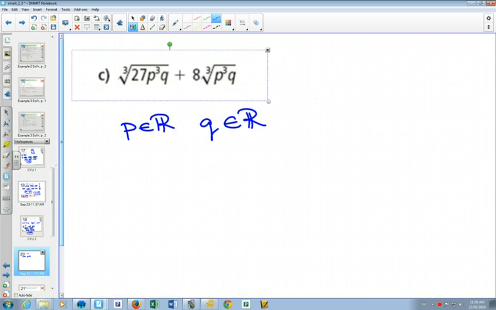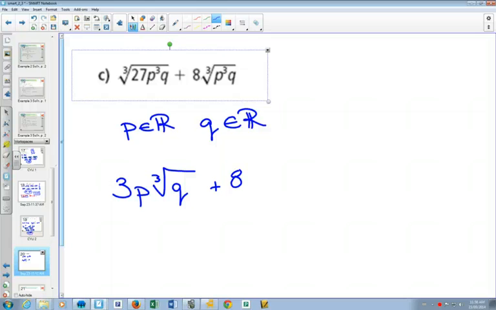So we're going to look at our numbers. Okay? In order to pull out a cube, can you do cube root of 27? Yes, that would be 3. We need 3 variables in order to pull out one, p cubed. So we can pull out a p, and the only thing left inside is a cube root of q. Same thing here in the second one.